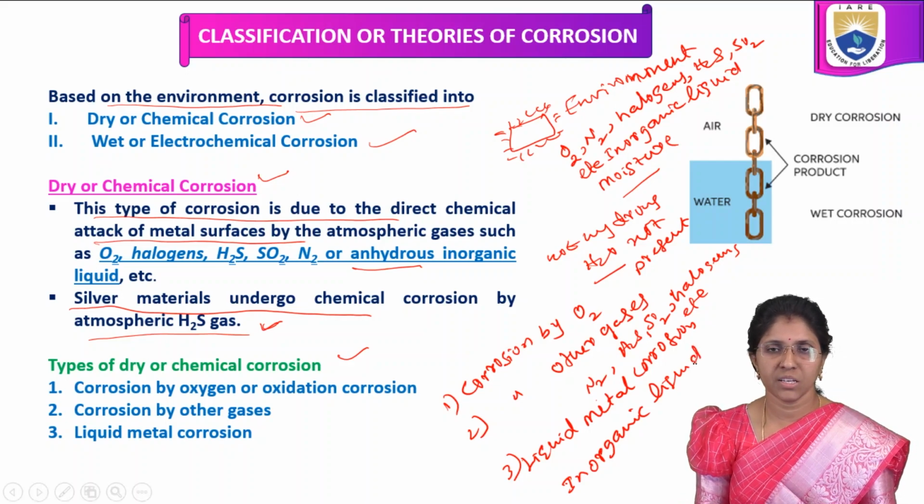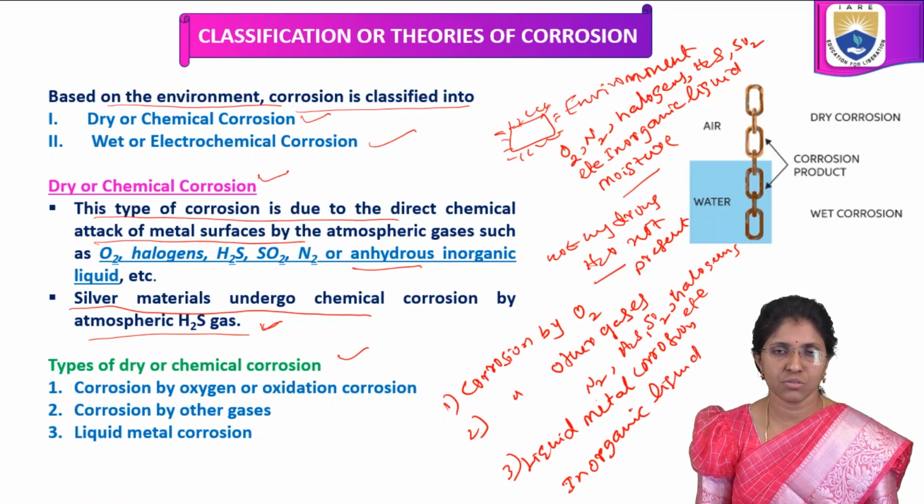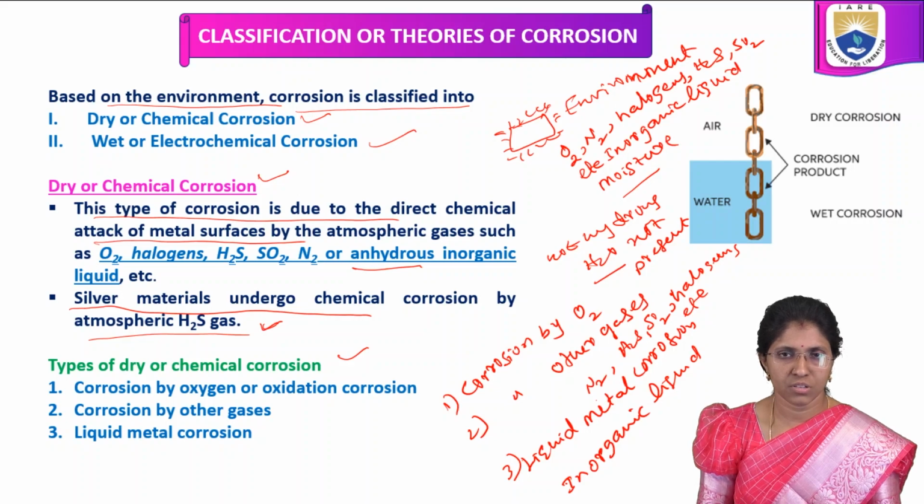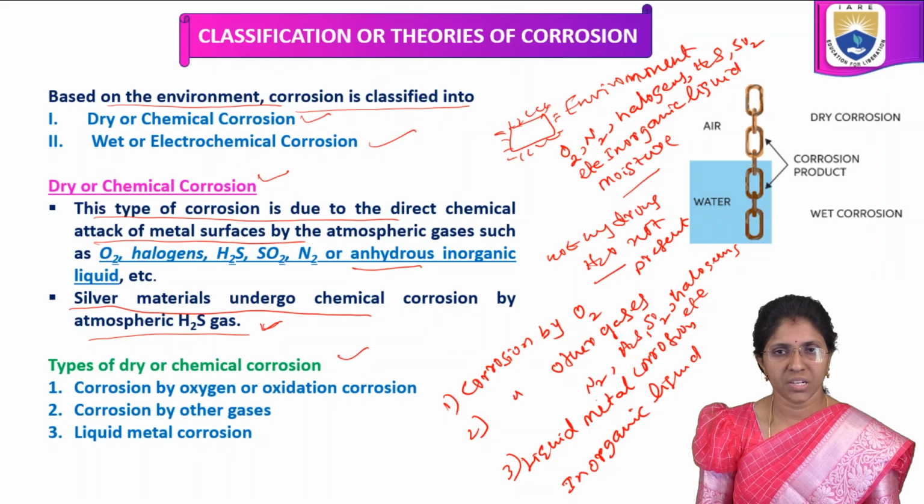So three types of dry chemical corrosion are there.